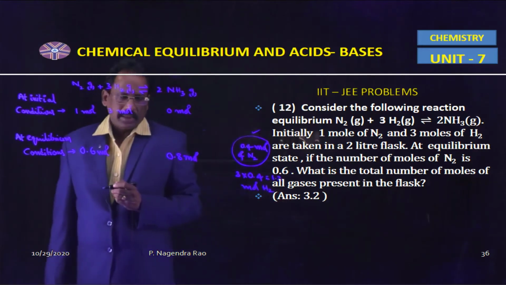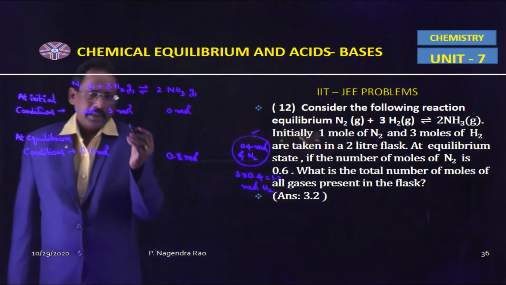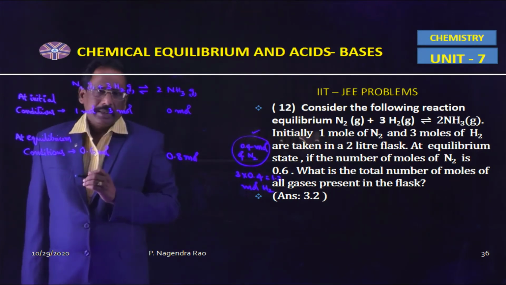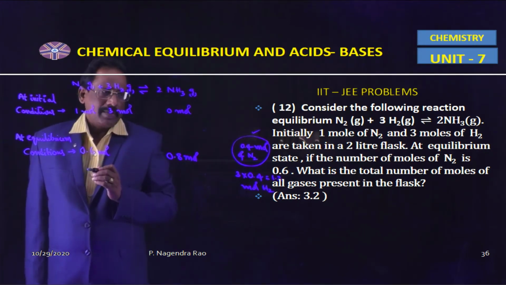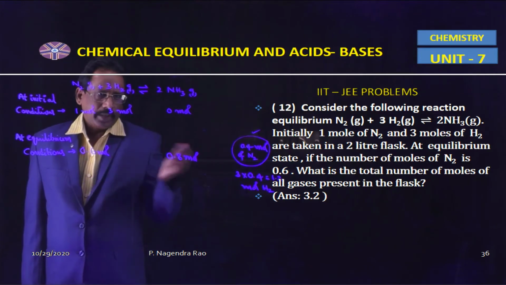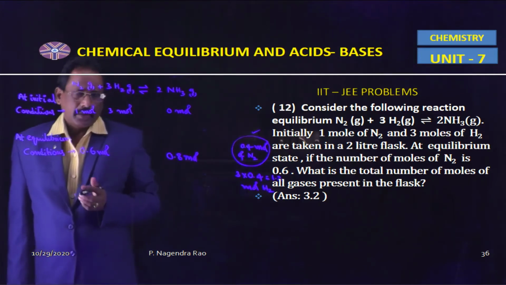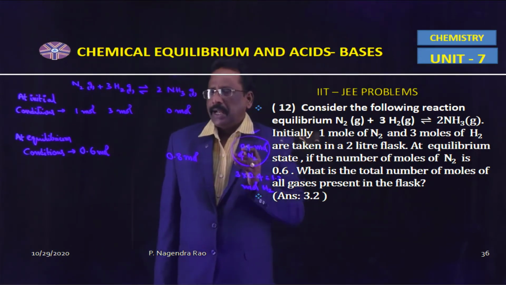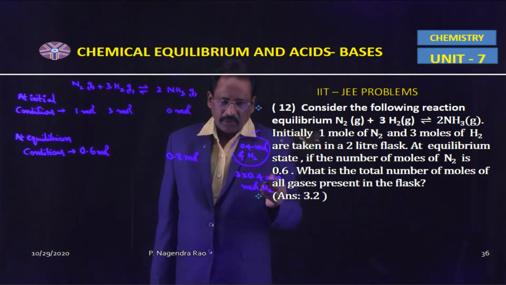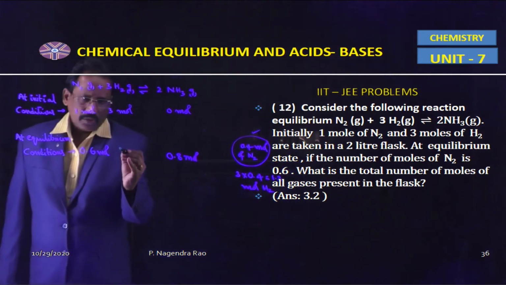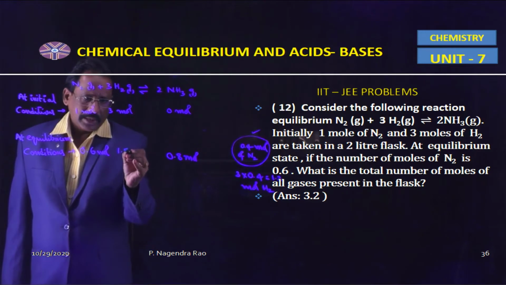Originally 3 moles of hydrogen gas is taken in this closed vessel. So involved is 1.2 moles. Therefore, the number of moles of unreacted hydrogen is equal to 3 minus 1.2, that is equal to 1.8 moles.